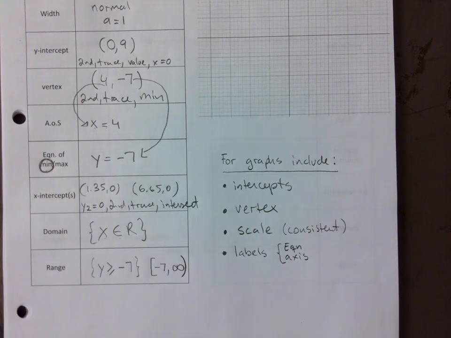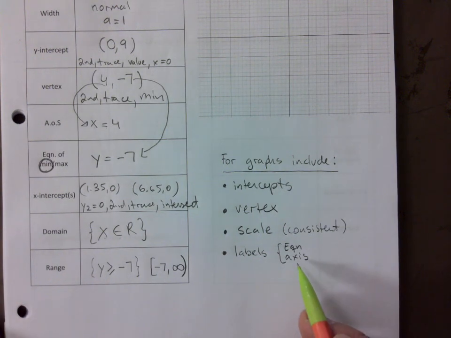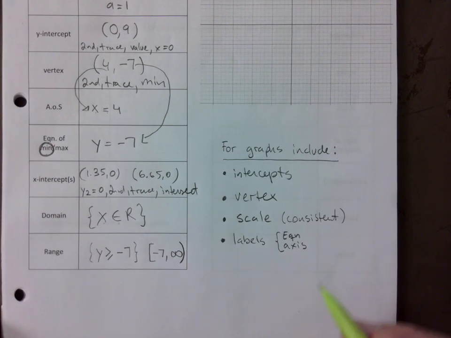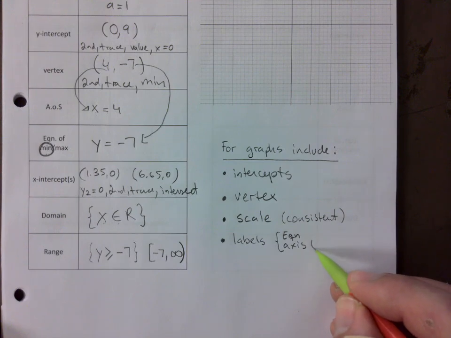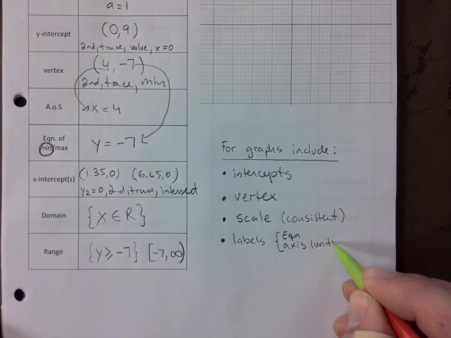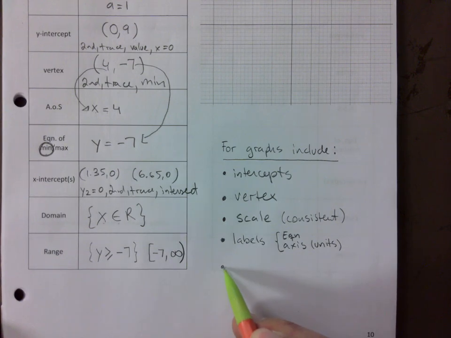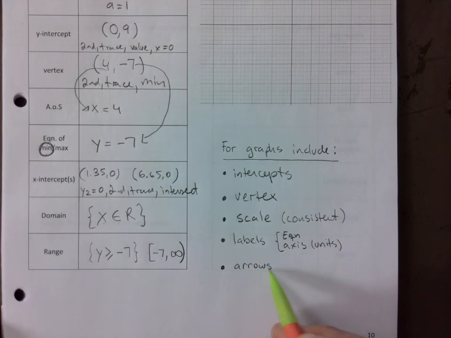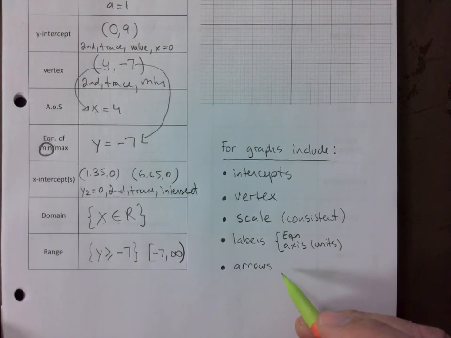For now, it's just X and Y. Later on, it's going to be time and height, distance and height. It's going to be called different things, and it's going to have units. Can I also add units as well? Make sure you add units because that's going to come in later. And arrows, if applicable. Okay?